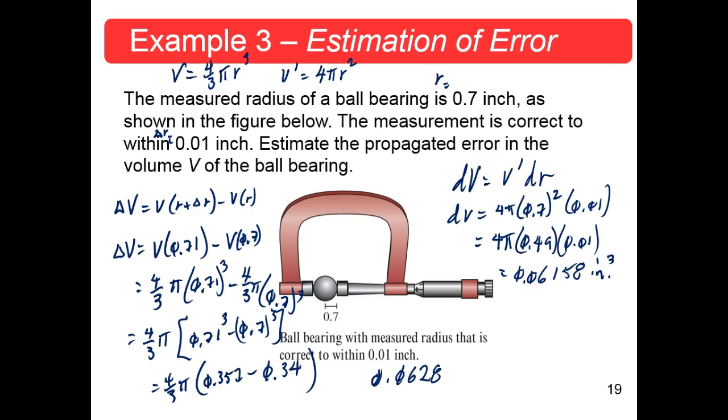Now, would you say the propagated error in example 3 is large or small? Well, it seems like a pretty small number, doesn't it? 0.06, that's pretty small. The answer is best given in relative terms by comparing the dV with the actual V. So your dV here is 0.6158 compared to your actual volume.